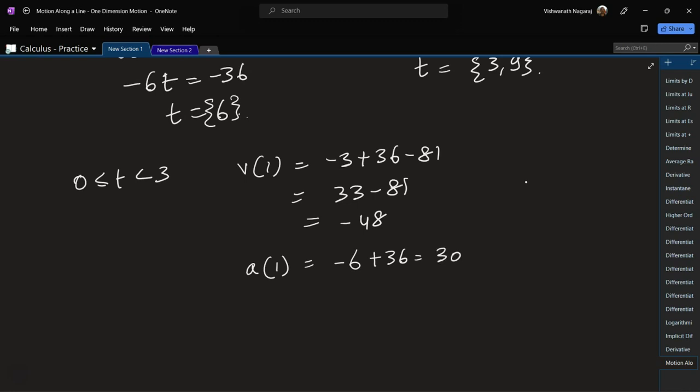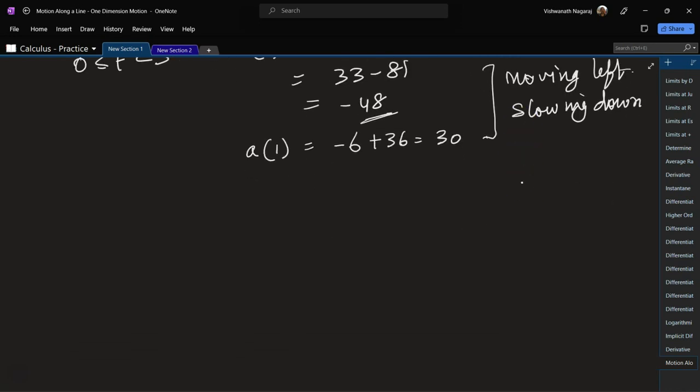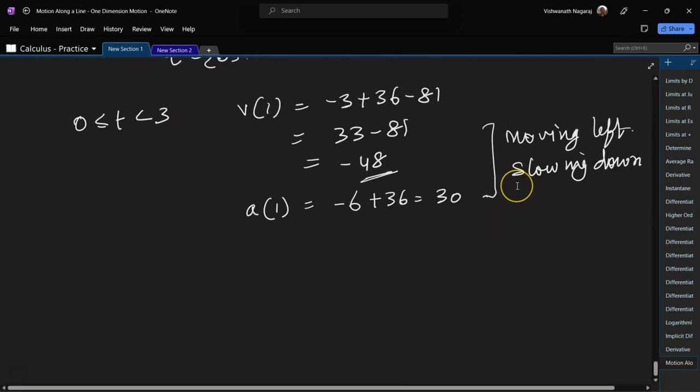Here, velocity and acceleration both are of opposite signs, which means it is slowing down. And since velocity is negative, it is moving left.